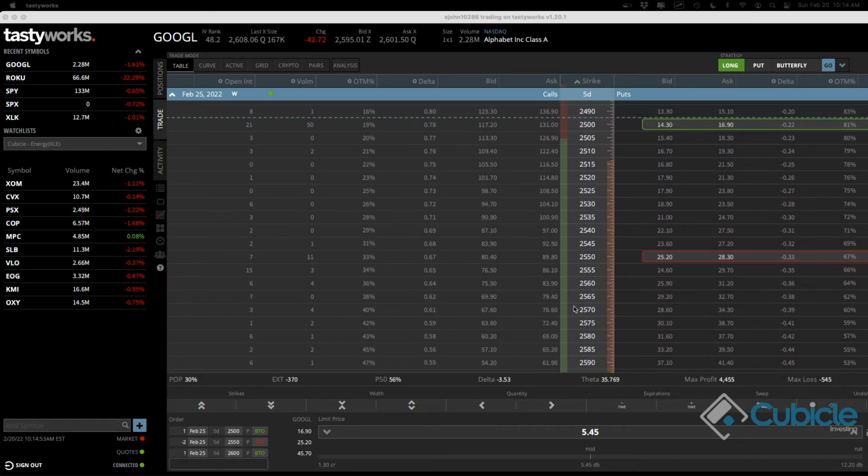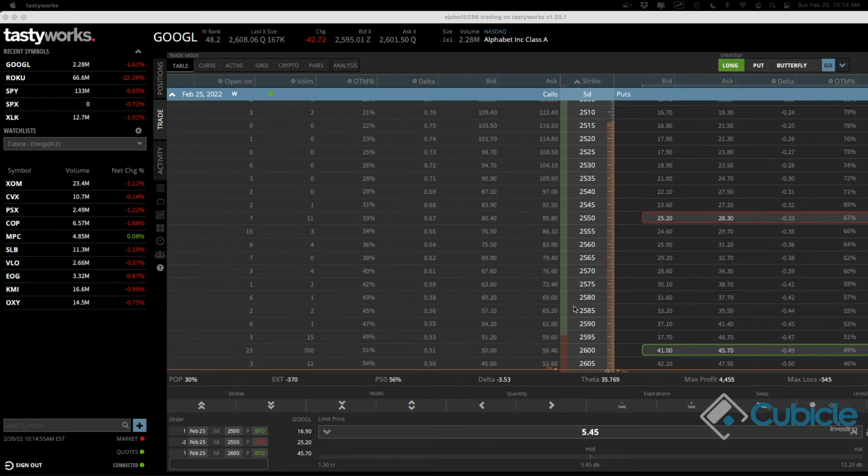So remember, the butterfly is where you buy. So a long butterfly. When the butterfly is long, it means that I actually had to pay money out to put the spread on. If the butterfly spread was short, then I took in money, right? I actually made money to put the trade on.